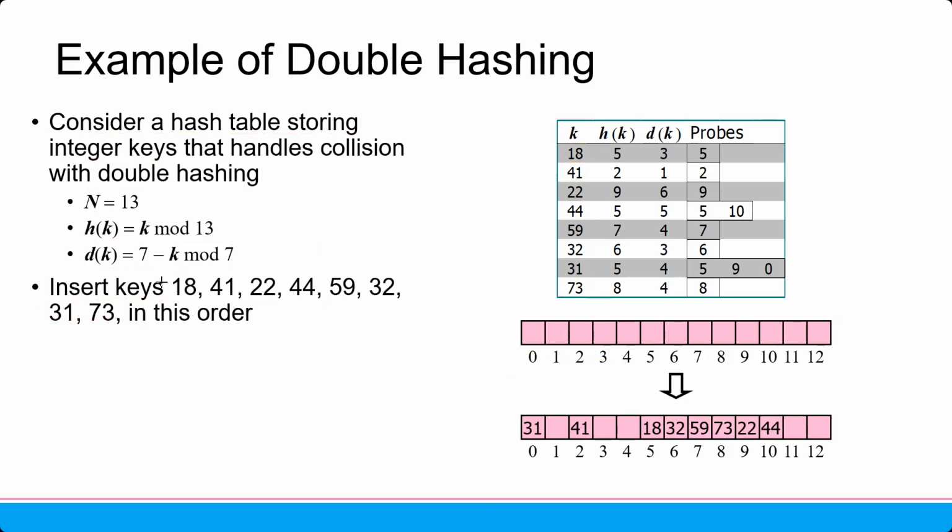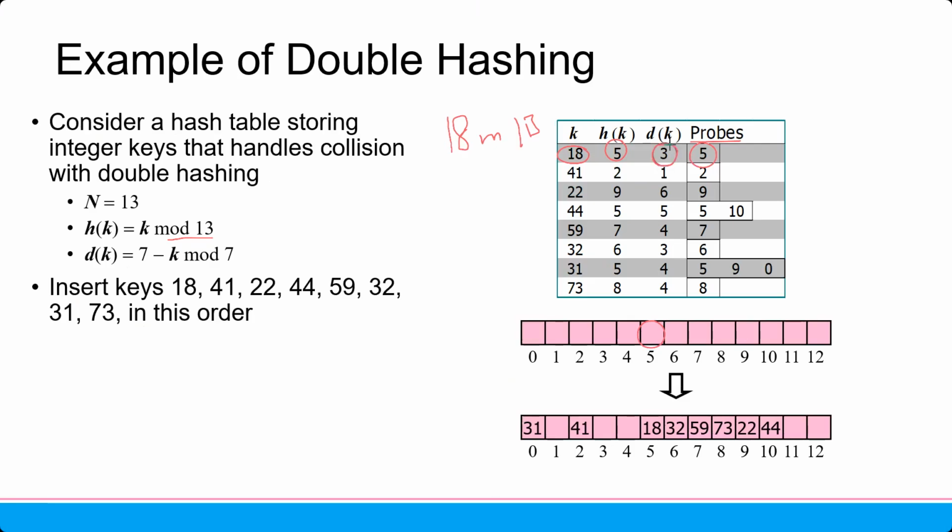Now, let's check. If I have k equals 18, then 18 mod 13, the result is 5. Now let's check 5. Okay, 5 is empty, so we put it into 5. What about d(k)?